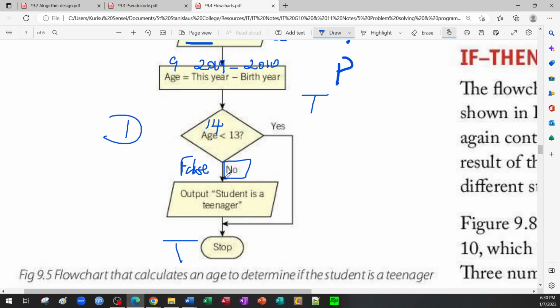So that means we have to come down. We run into another input-output symbol, the parallelogram, and we have to output student is a teenager. And then we come down here once again and we end our flowchart.